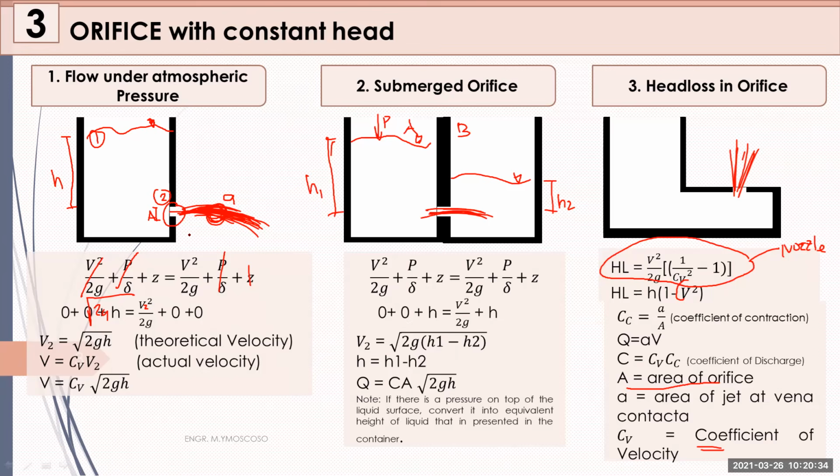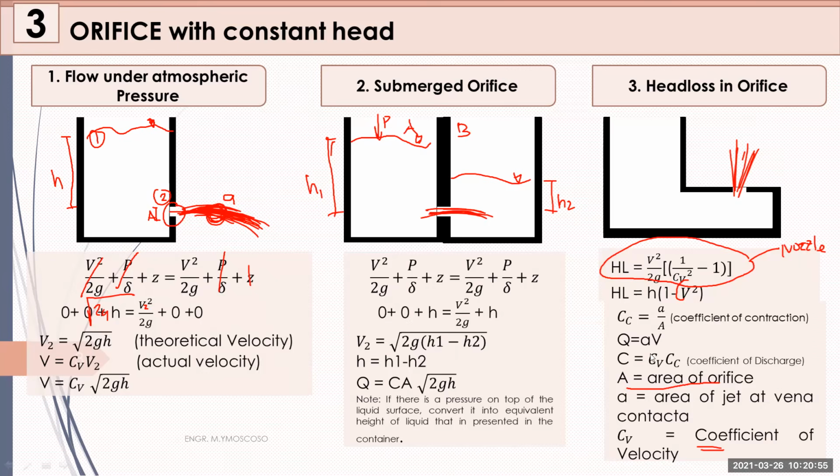Ibig sabihin, kinokontract yung tubig natin to discharge as what is the diameter given. So you can solve also for your coefficient of discharge as C is equal to CC times CV.